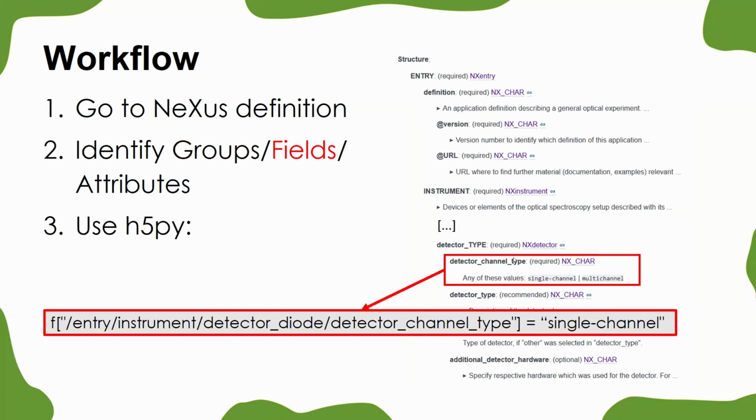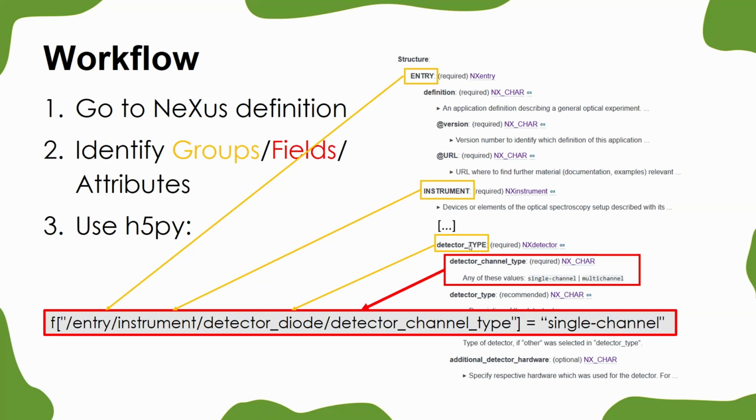And for example, a way to implement the detector channel type would be that you go to the entry, the path starts in the location entry, then you have instrument. Then you have this detector level, and here is detector underscore type, and these uppercase letters can be replaced by anything you want, and you can have multiple of them.